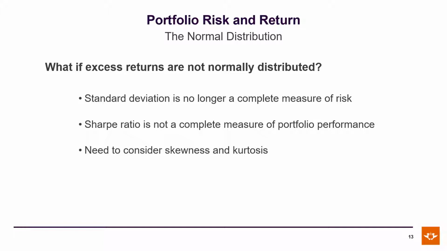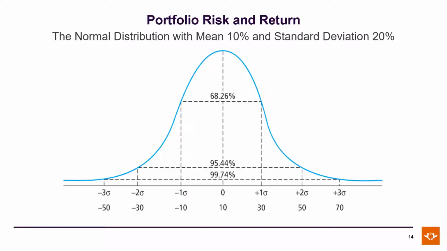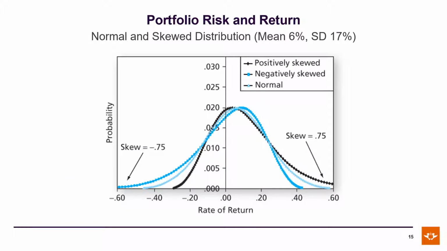This is a plot of the normal distribution. It is possible that you might have come across it, but if you haven't, here it is. The next two slides give us an indication of what distributions look like that are normal and skewed, or normal with fat tails.